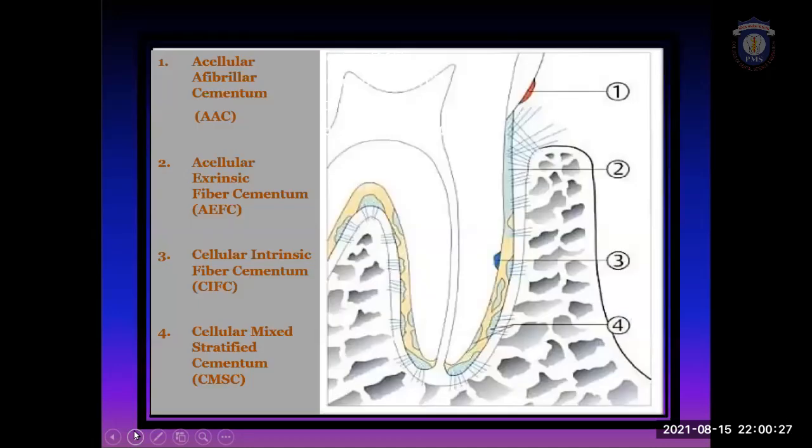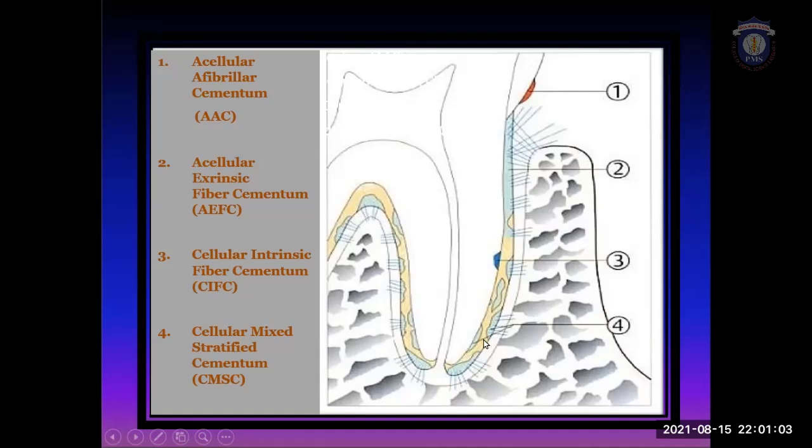So acellular afibrillar cementum, acellular extrinsic fiber cementum, cellular intrinsic fiber cementum, and cellular mixed stratified cementum. From this diagram, we find that the cervical area is formed of acellular fibrillar cementum consisting of fibers but without any cells. But as it comes down towards the apex, we identify that the cementum is formed after the tooth has undergone eruption, due to functional demand.